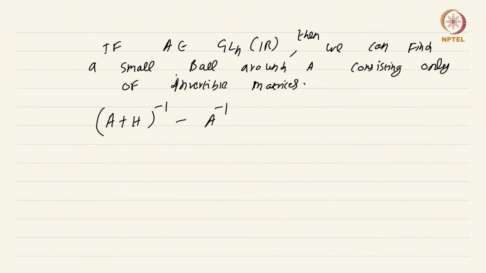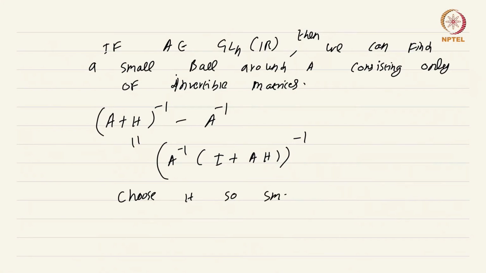Now A is invertible, so what we are going to do is write this (A+H)^{-1} as... one moment, I think I made a slight mistake here.